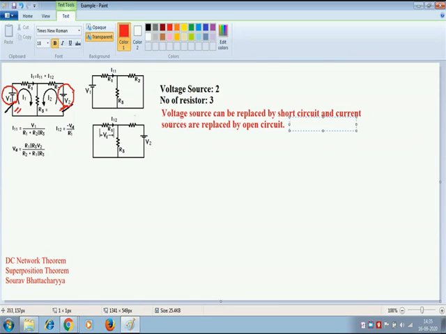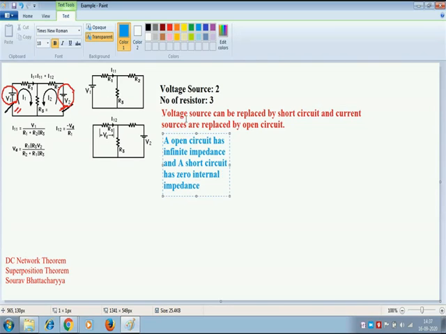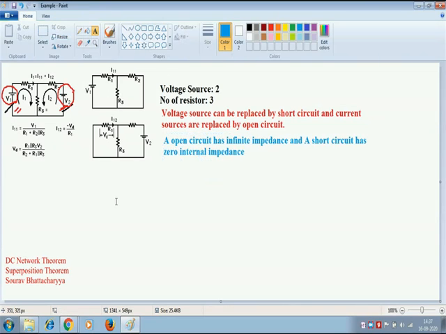In case of voltage sources, they get replaced by a short circuit, and current sources are replaced by an open circuit. An open circuit has infinite impedance, and a short circuit has zero internal impedance. So this one is very important. This is the procedure of solving the superposition theorem.